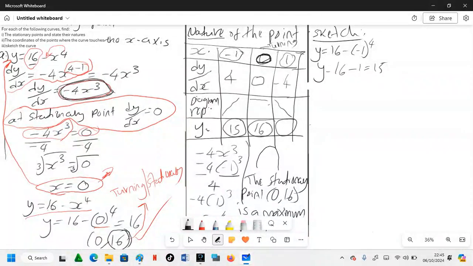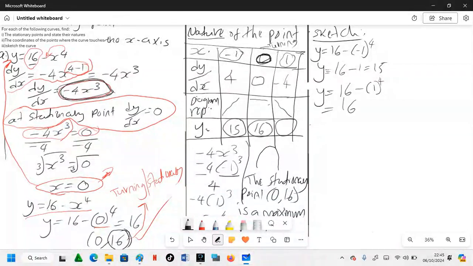And then when x is 1, y is equal to 16 minus 1 to the power of 4, right?